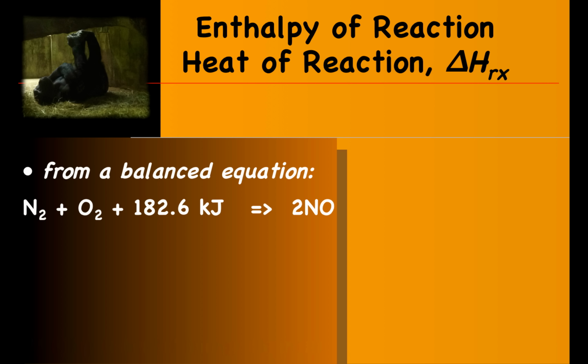This is an endothermic reaction. The reactants must absorb energy to be converted into products. Since this is an endothermic reaction, delta H is positive 182.6 kilojoules.